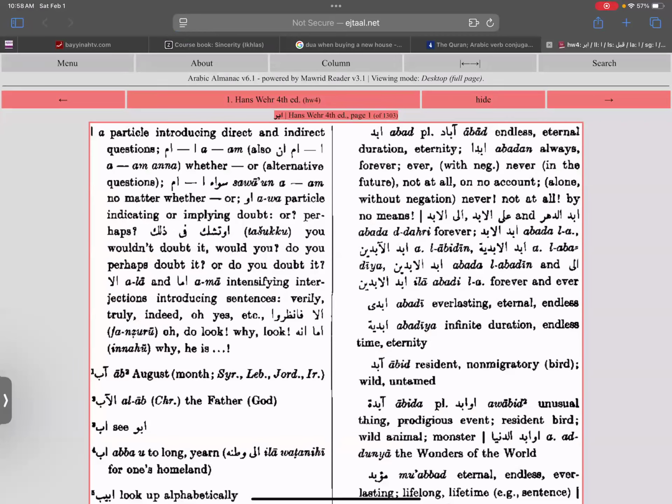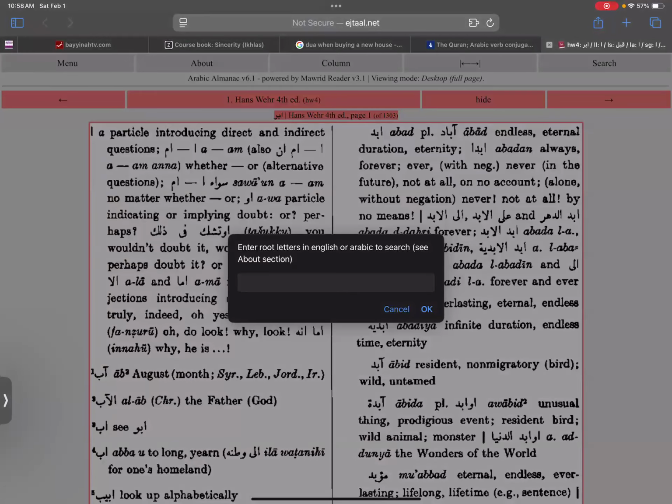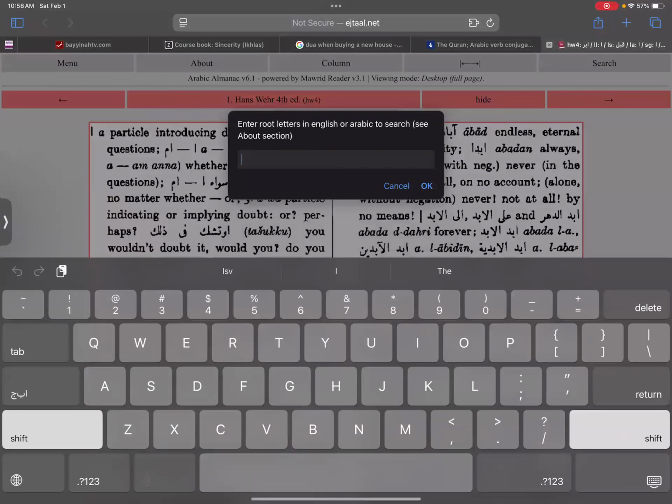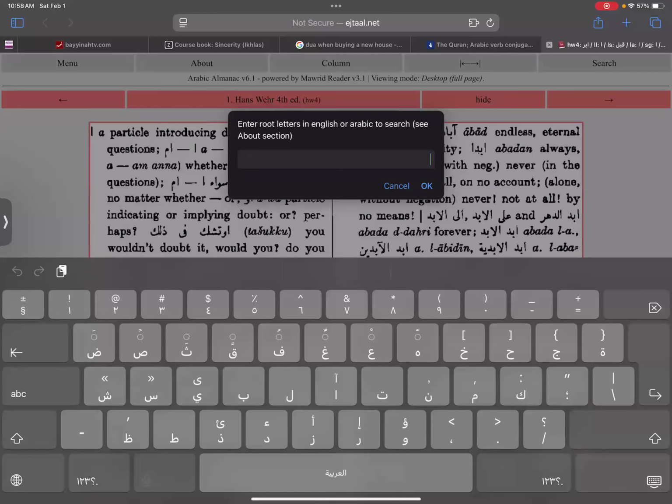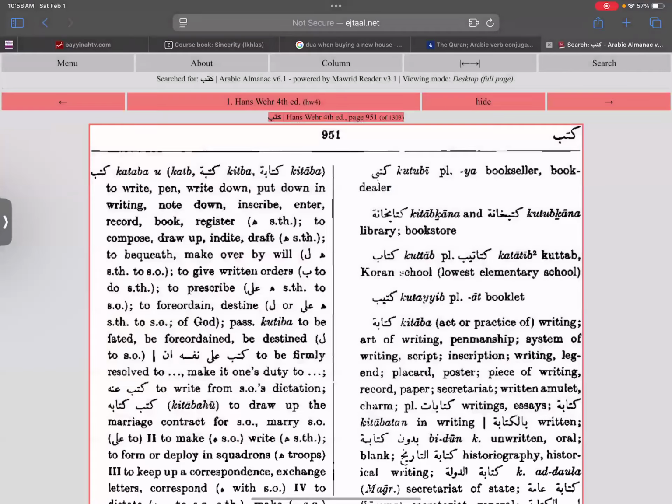So I'm going to go to search. It is going to give me this window. I'm going to put in my 3 root letters. Let's say I'm going to look for kataba. I have 3 root letters, kaf, ta, and ba, so I put these 3 root letters over here, and let's see what I get.